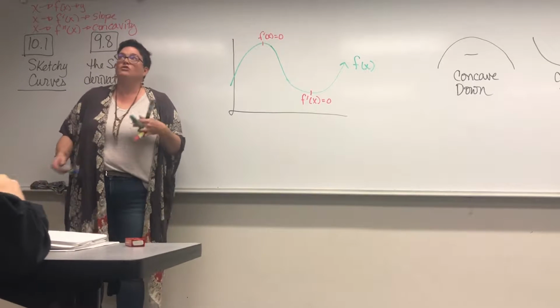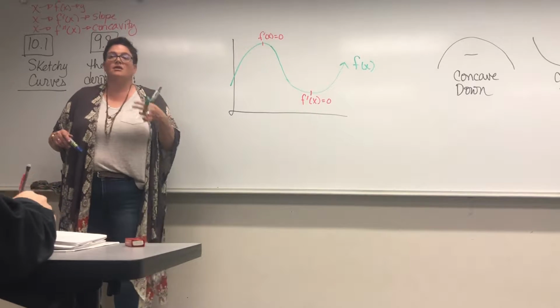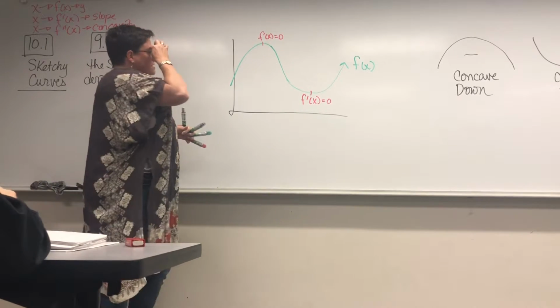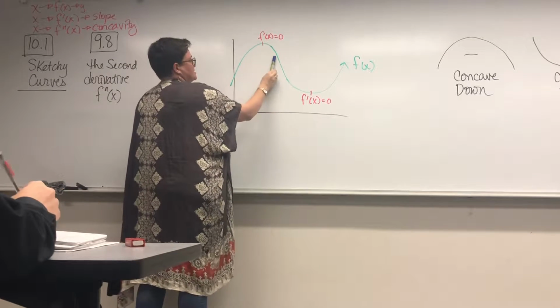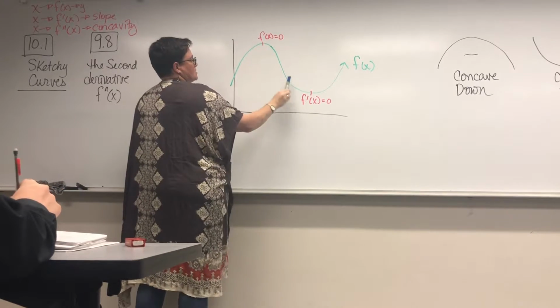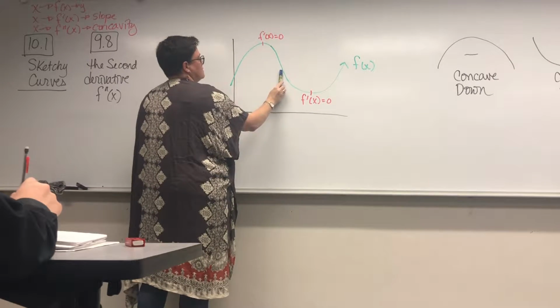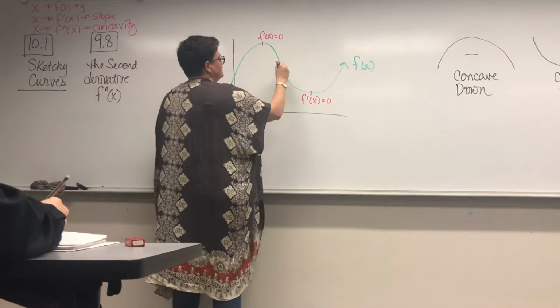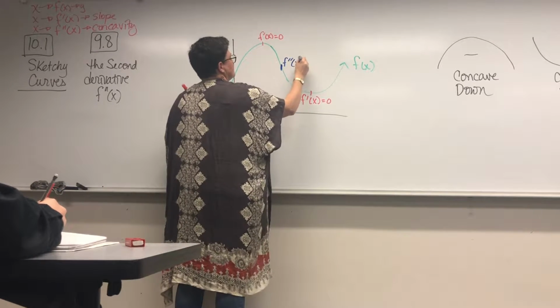Where the second derivative crosses the x-axis, that's where your concavity is 0. So tell me approximately where concave down, which is this region, goes to concave up down here. Just approximately where? Somewhere in here, right? So this is where the second derivative would equal 0.